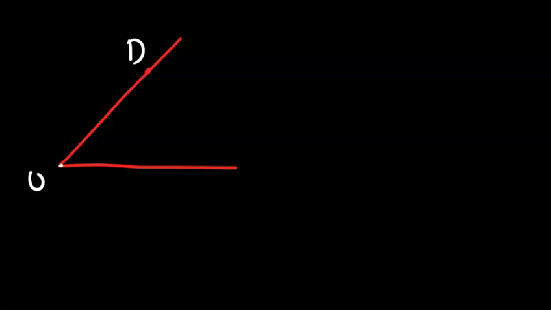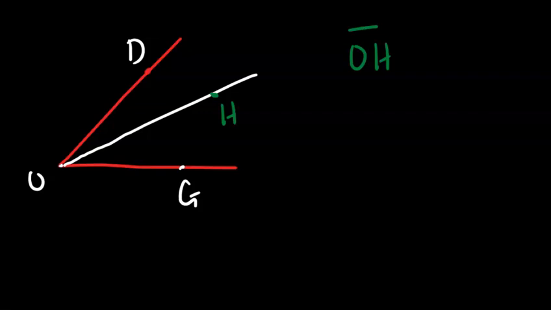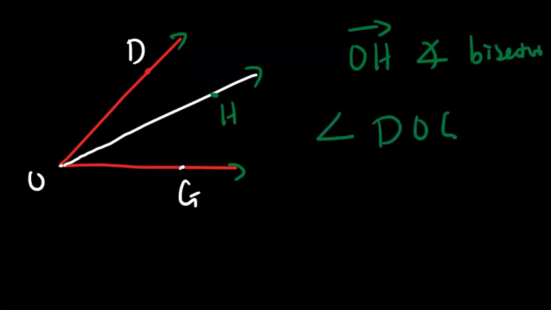Now, let's do something a little bit more interesting, okay? I have an angle. I'm going to call this angle DOG. DOG has an angle bisector. We're going to call it OH. So ray OH is the angle bisector of angle DOG.